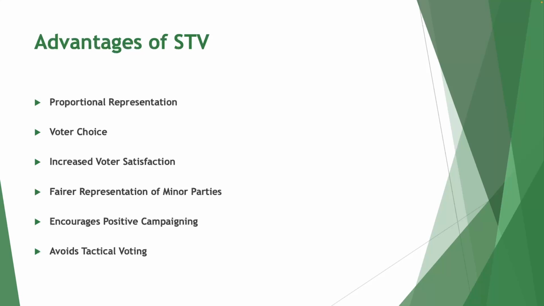Voters can express their genuine preferences without thinking that they might be wasting their vote on a candidate who has no chance of winning, because they have other preferences that might also contribute to a second or maybe third preference candidate actually being elected.